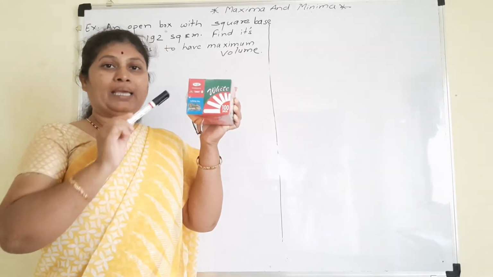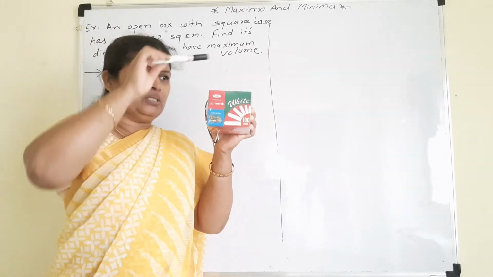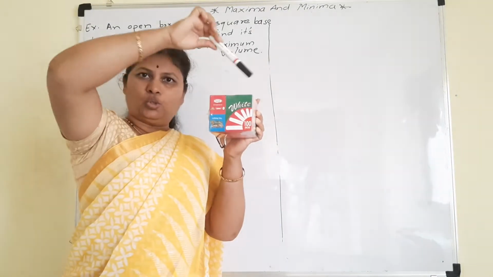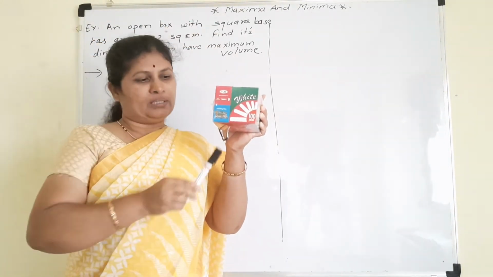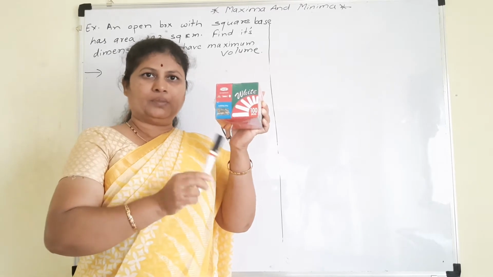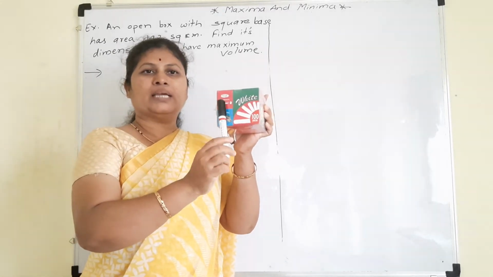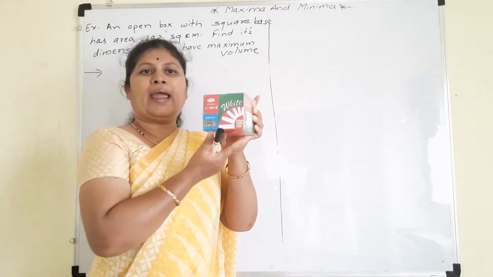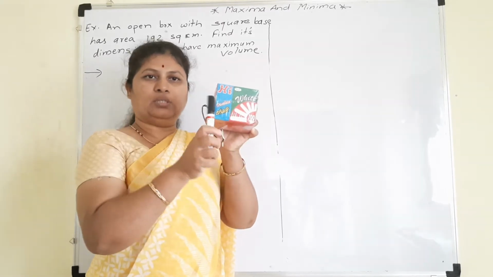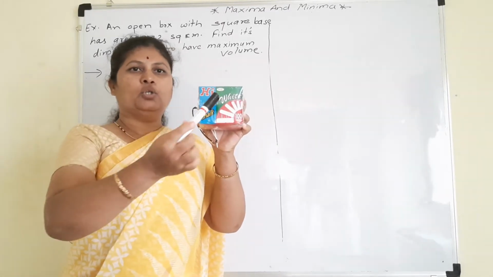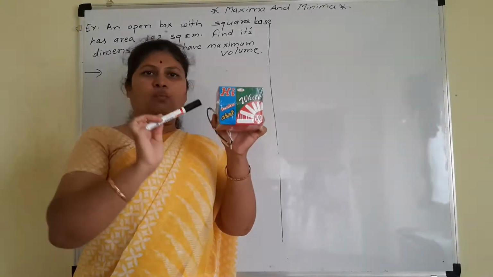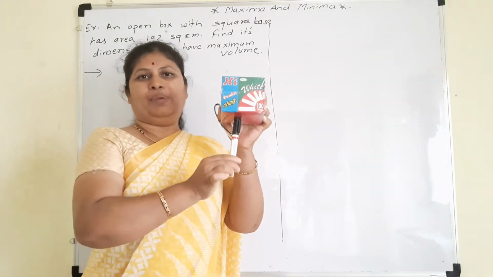So what will be the area of this box? Since the box is open, no top is there, area will be considered of the base, this side, this side, this side, and the back side also. So 1, 2, 3, 4 surfaces and base.